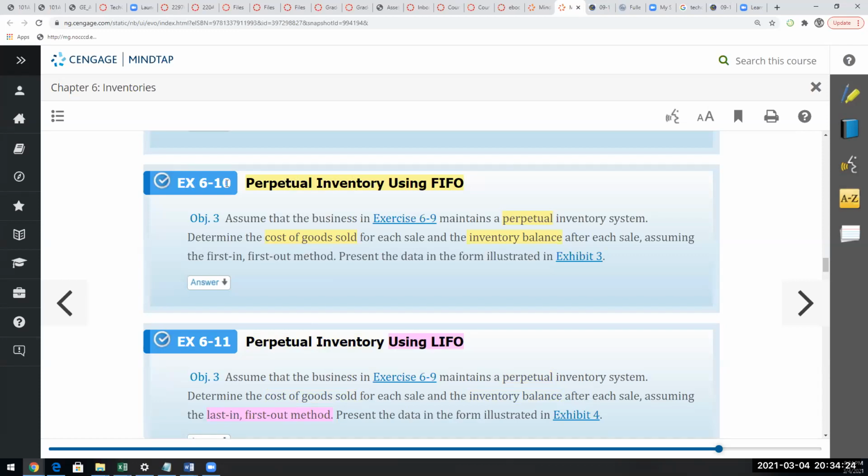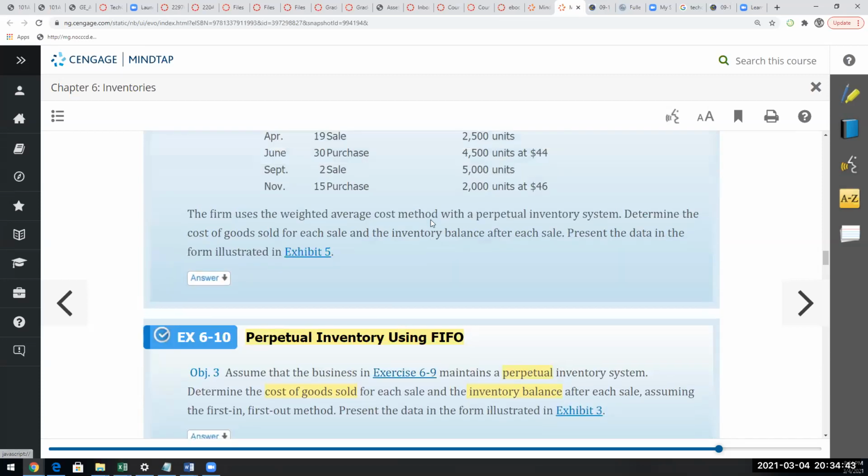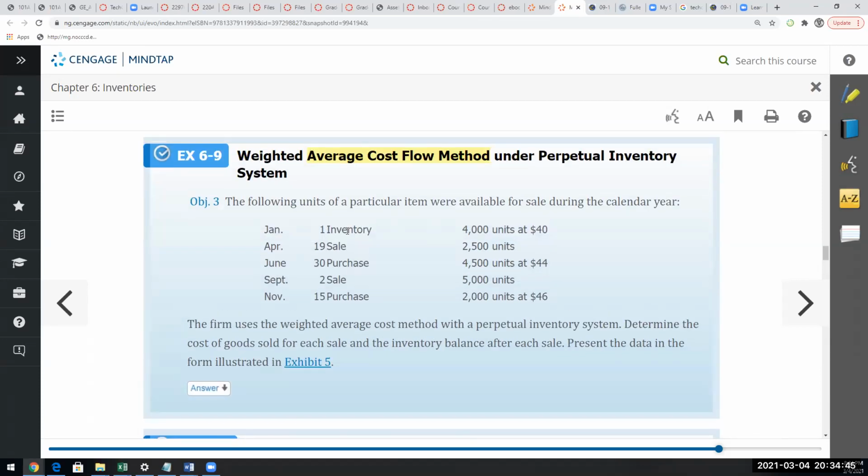So it's exercise 6-10. And this is where it gets a little bit tricky because it says this company, I don't see any numbers. But if you read carefully, it says use exercise 6-9 for the numbers. So scroll up and there it is. We have inventory and sales and a purchase, another sale and another purchase.